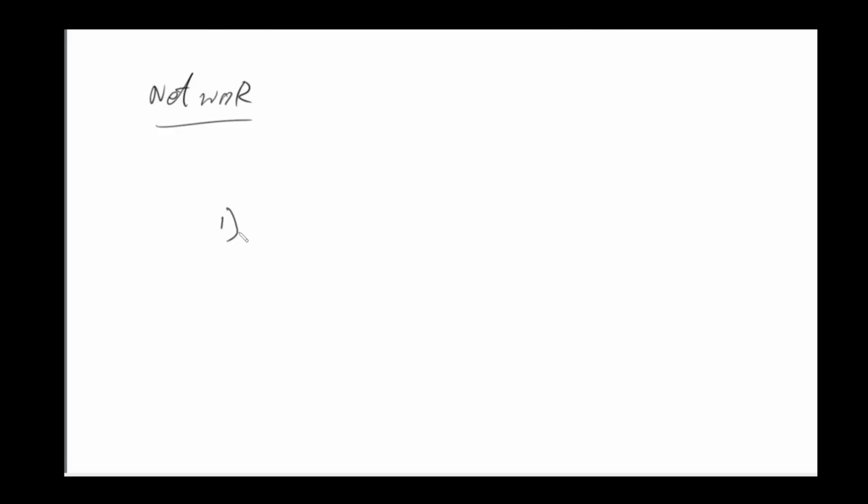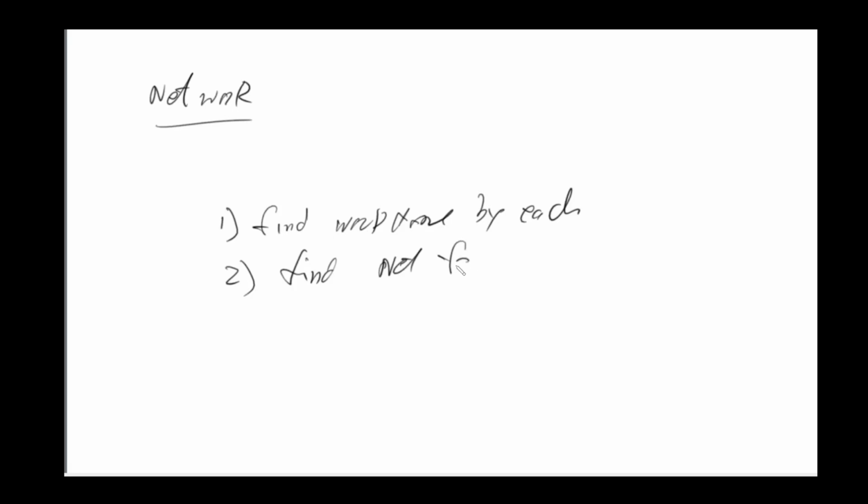One, you can find the work done by each force acting on the object and adding that work, or you can find the net force of all the forces and then use the formula F net d cosine phi to find your work.